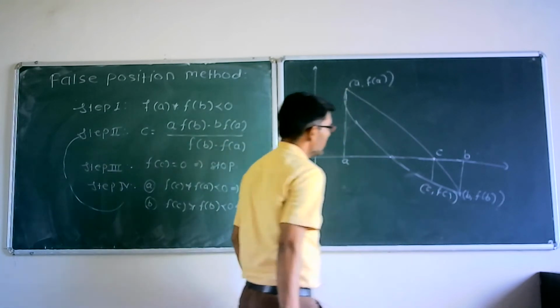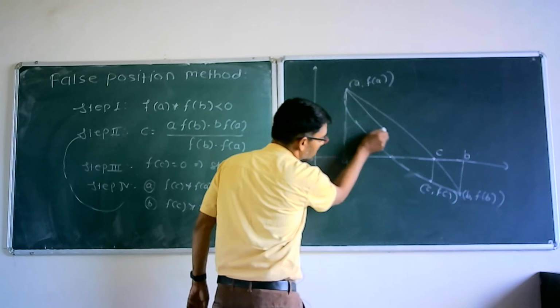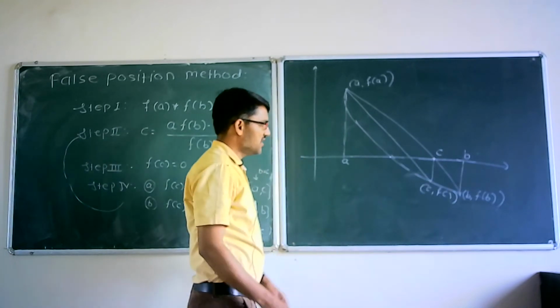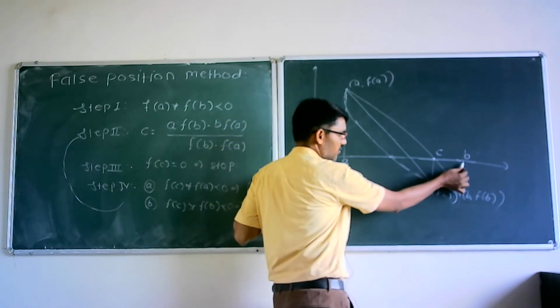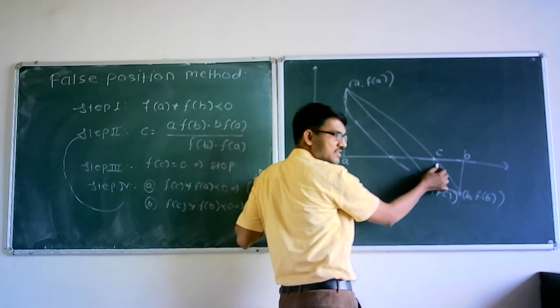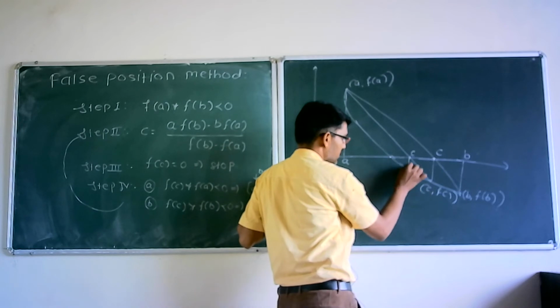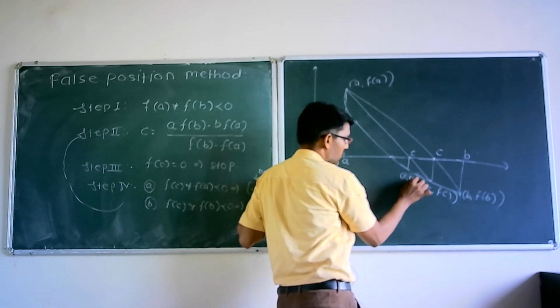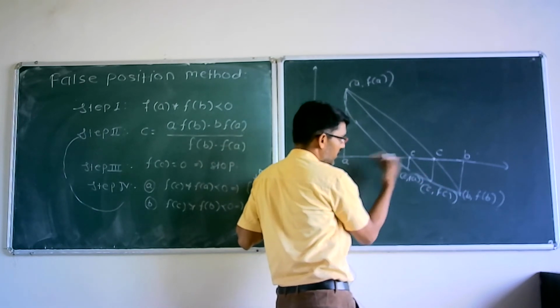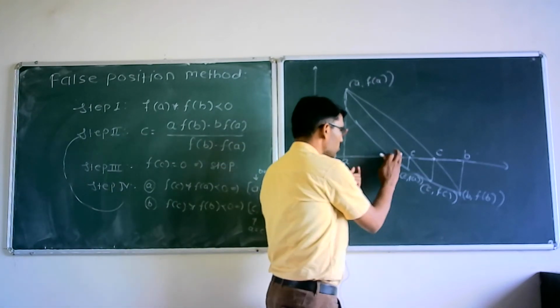Next time, find the equation of the line passing through these two points. If you observe, originally we are at point b, then at c, then here is the new point, suppose again c, f of c. We are moving towards the right hand side, very close to our root.